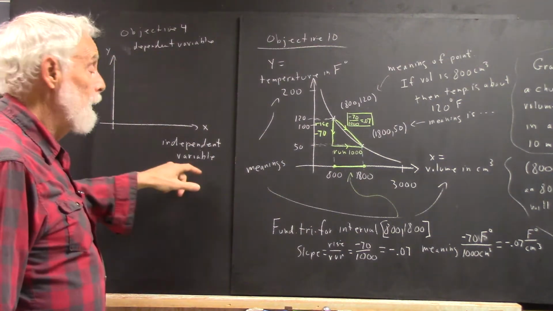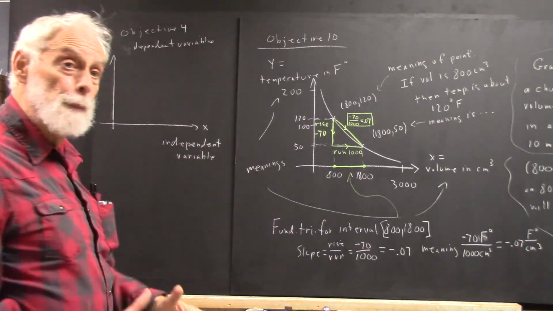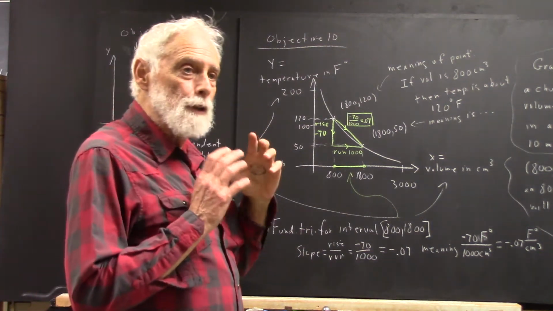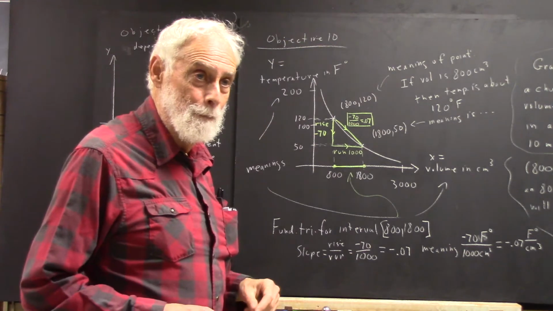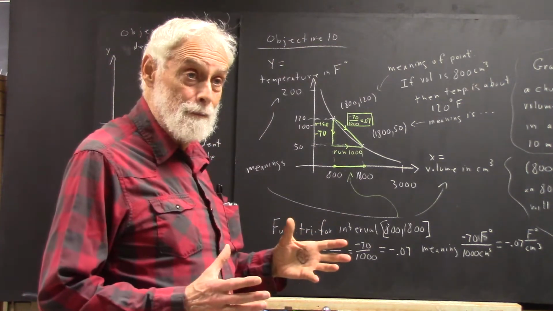Y depends on x. Now, why do we call that independent and dependent? You're deciding how big a chunk of food to put in the oven, right? Okay? So you can decide that.